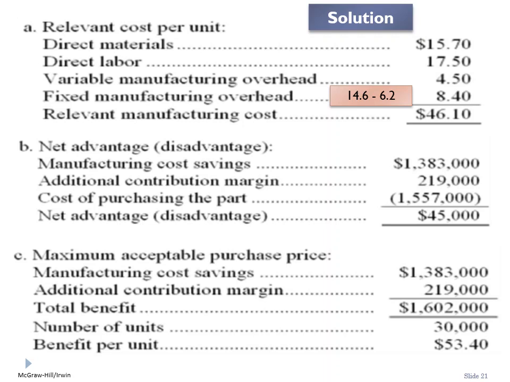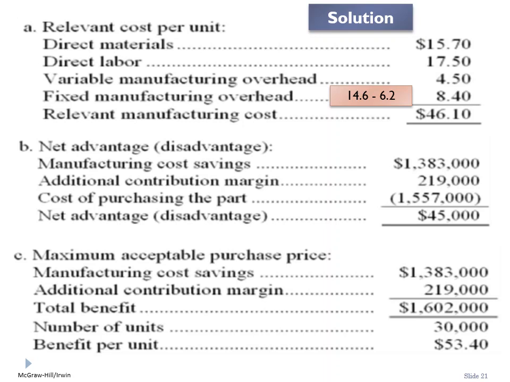We will start with manufacturing cost saving, plus additional contribution margin, and the total benefit will be $1,602,000.